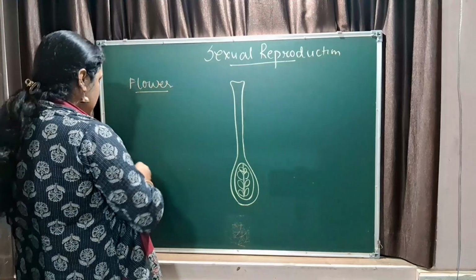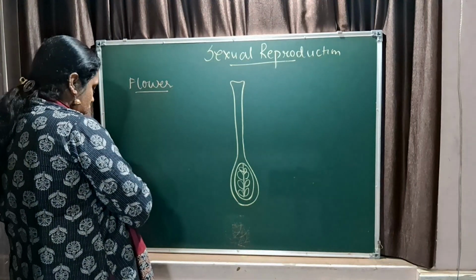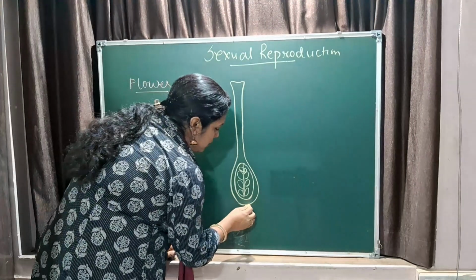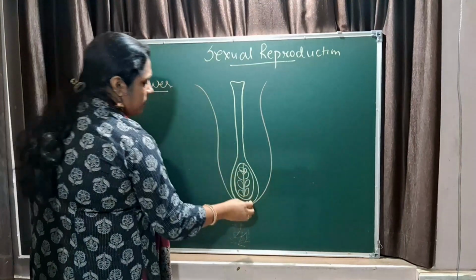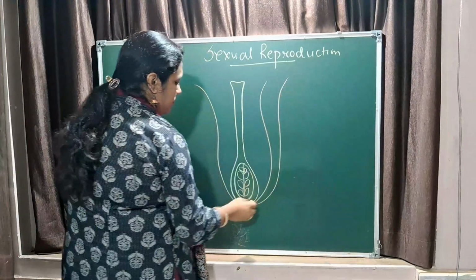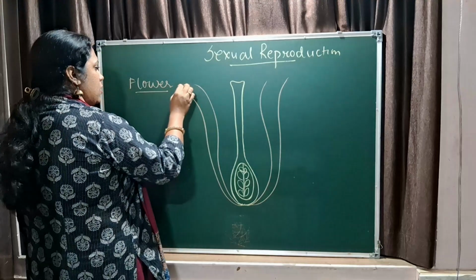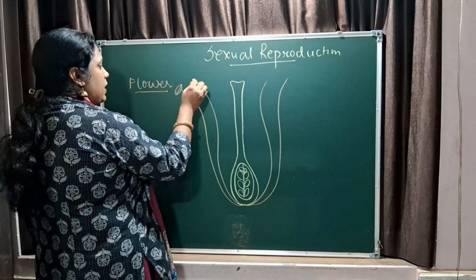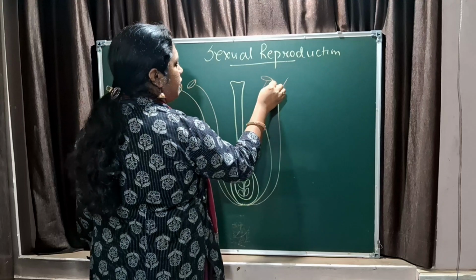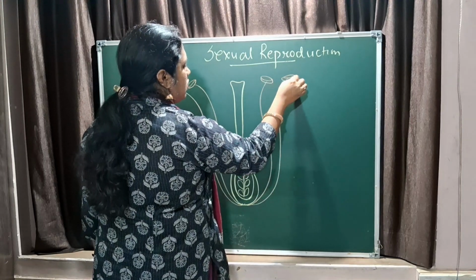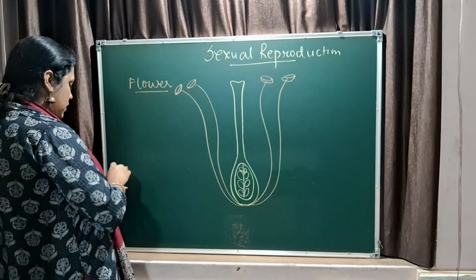Then the next whorl is the androecium. The androecium has the anther and the filament.